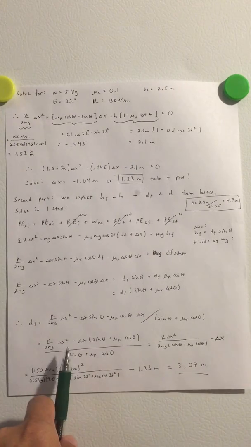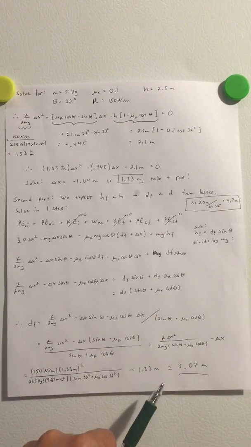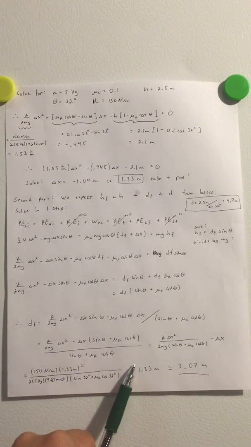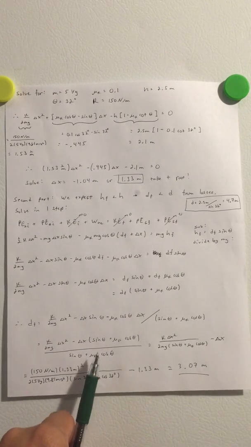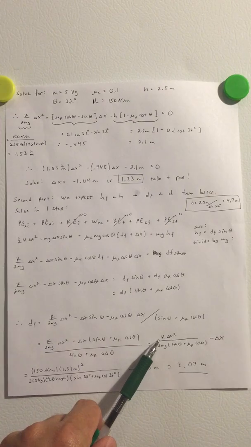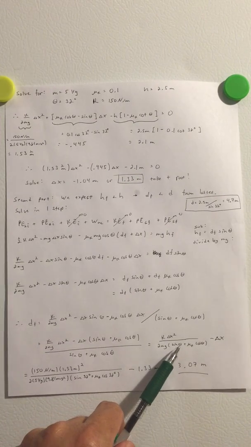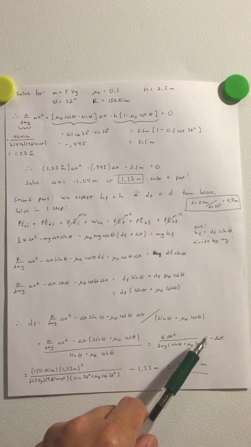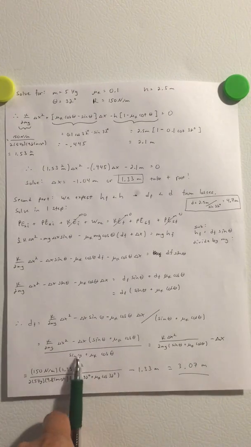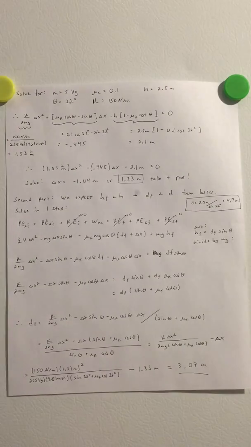What I get is this term minus delta x times (sine theta plus mu k cosine theta), which is the same term I have in the denominator. So I'm going to cancel it out from this term. And what I have left is this: k delta x squared over 2mg times (sine theta plus mu k cosine theta), minus delta x. Remember, from this term, the only thing I have left is a delta x. First term, I have all of this stuff.